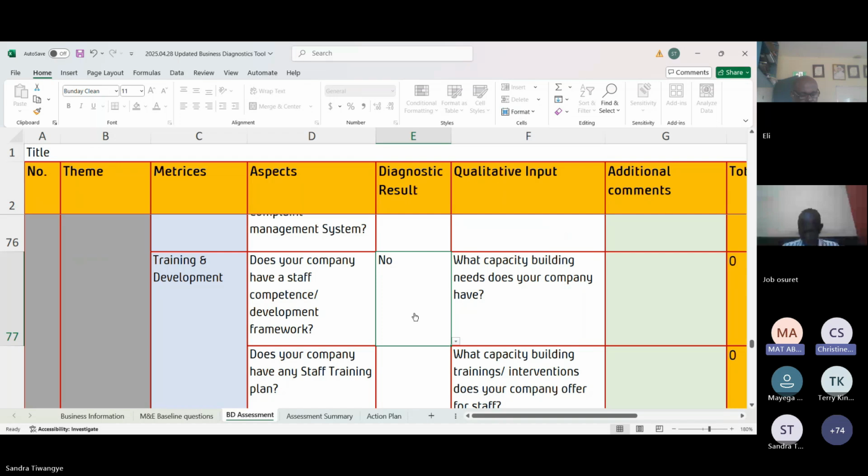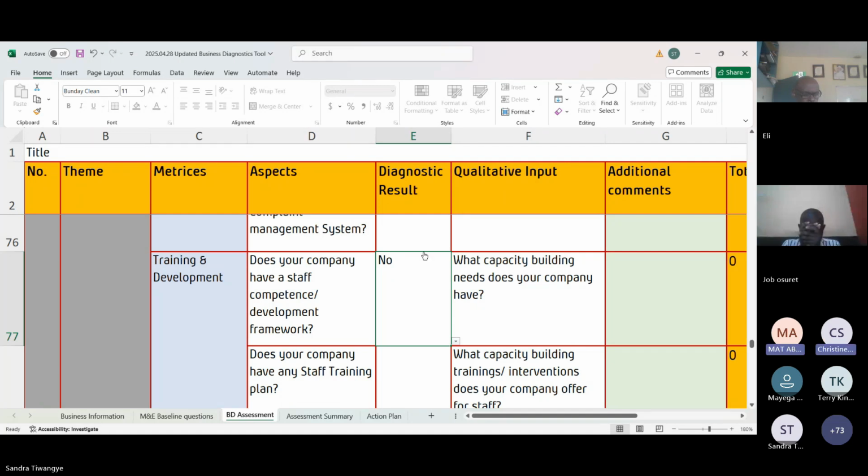So this framework will help you identify which capacity you need to build, but it also looks at your future needs for the company. You look at how you want the company to grow and the kind of competencies that you want, so you are able to plan to either skill the staff or to get on new staff where the skills are missing. Thank you.